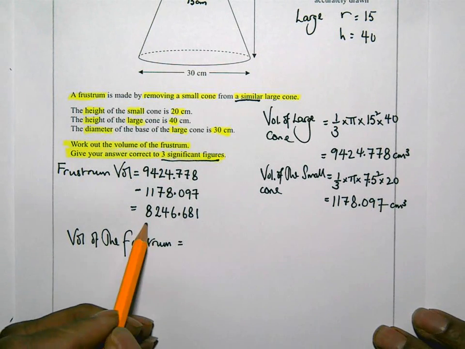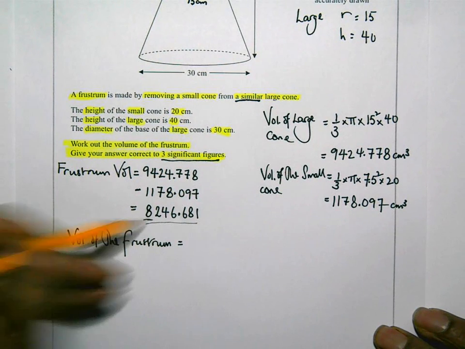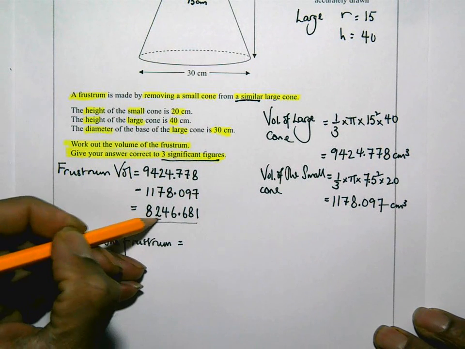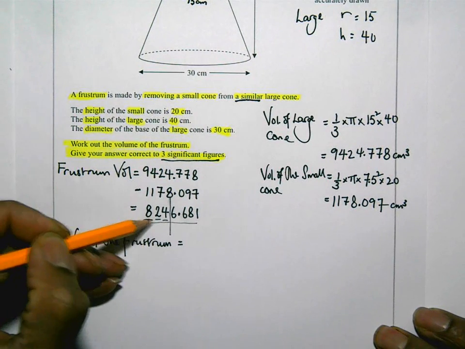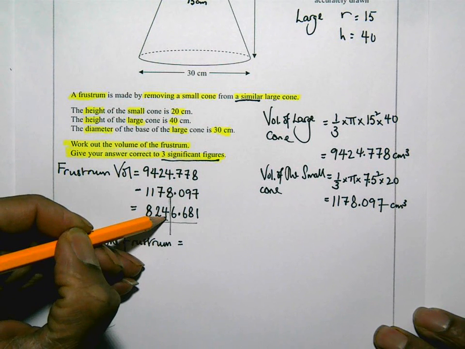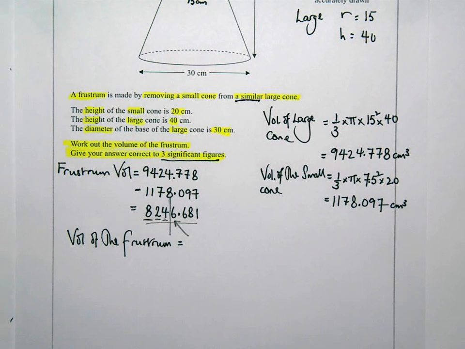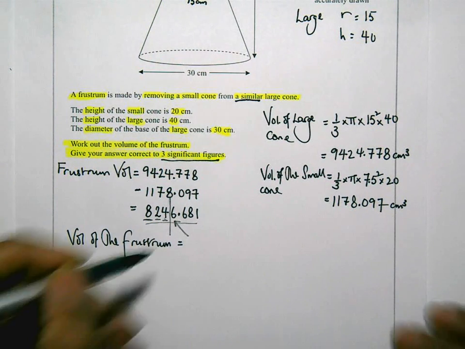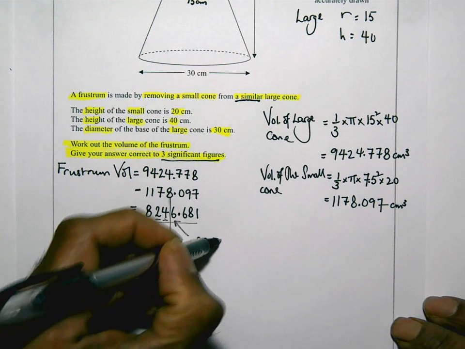Now remember, when you're doing significant figures, you count from the front. 1, 2, 3, and then you chop it off there. So that's going to be 8,200 and, well, do I need to put 40 or do I need to round that? Because this next number along is 5 or more, that answer is going to be 8,250 centimeters cubed. And that's what I'd write in the answer space.